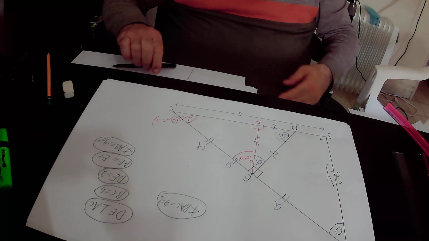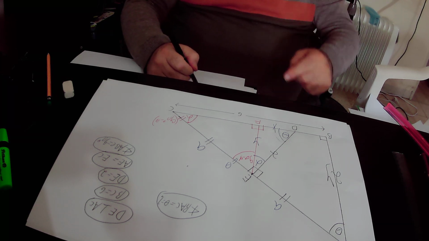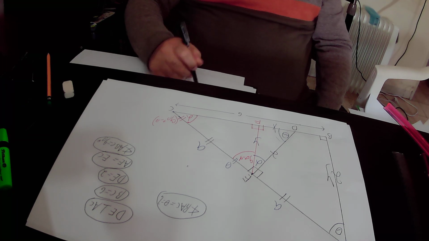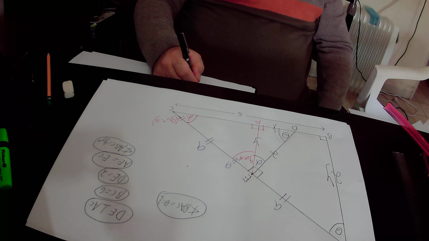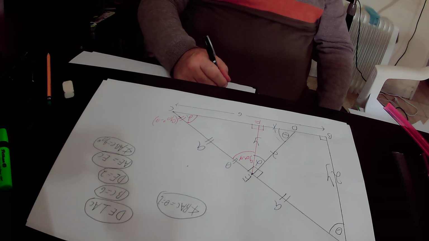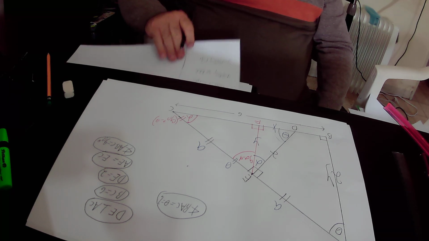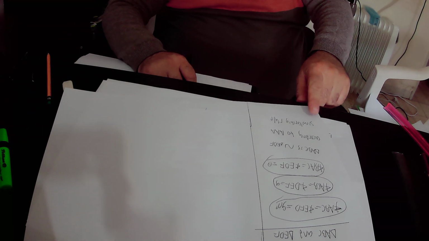So triangle ABC is similar to triangle EDF according to angle similarity rule. I repeat again, triangle ABC is similar to triangle EDF according to angle similarity rule.